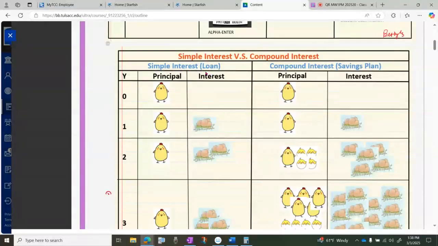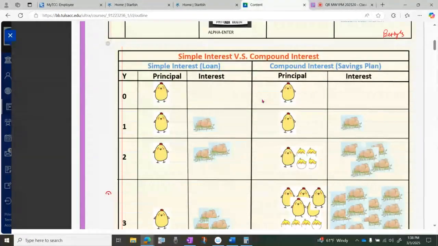Home loan, student loan, auto loan, or small business loan. Those loans give you simple interest. The savings plan, investment plan, we mentioned IRA, HSA the other day, those savings plans pay you compound interest.